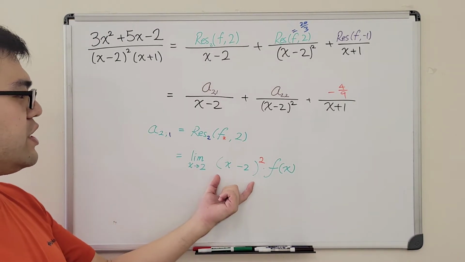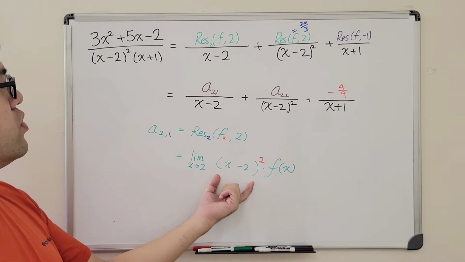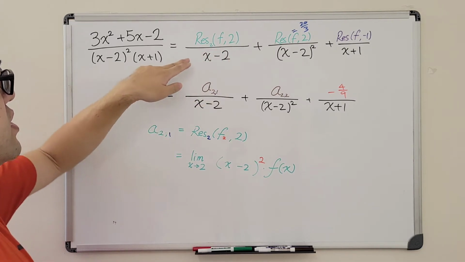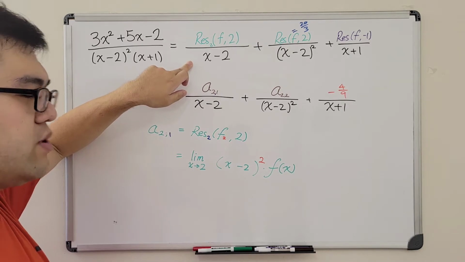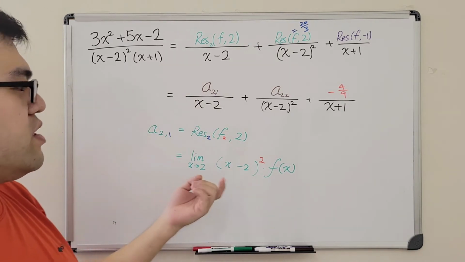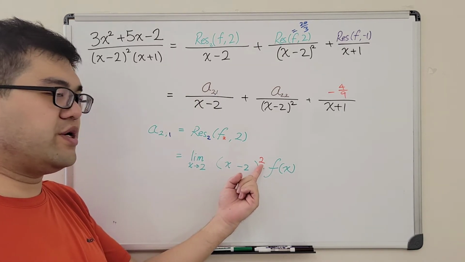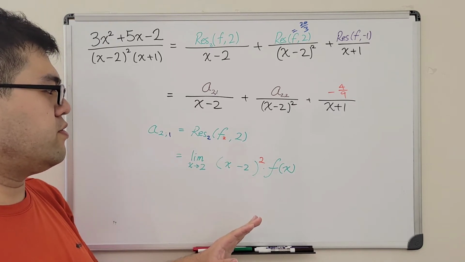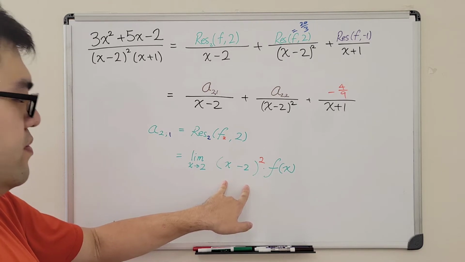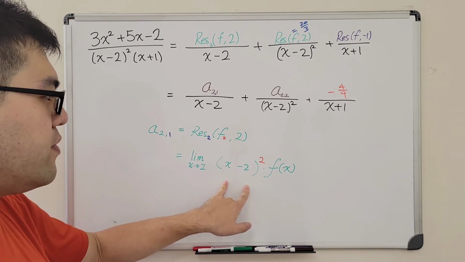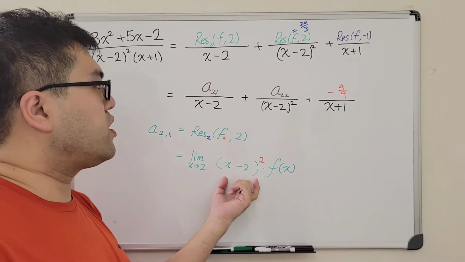If we look at here and here, we see that in the denominator there's only 1 copy, meaning it is only linear. So technically we don't need a 2 here in order to cancel out. However, we cannot just leave it as the linear term here either, meaning we cannot just multiply with 1 copy.